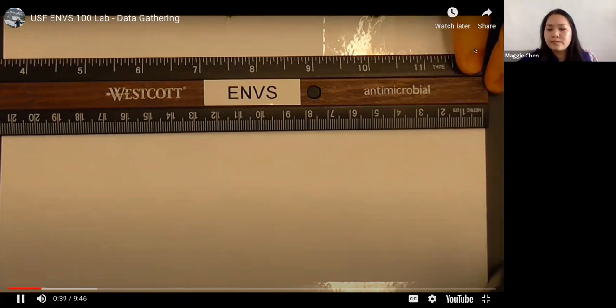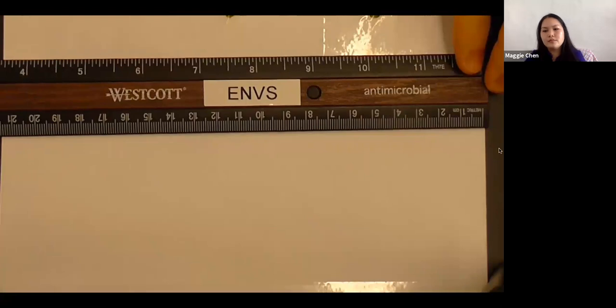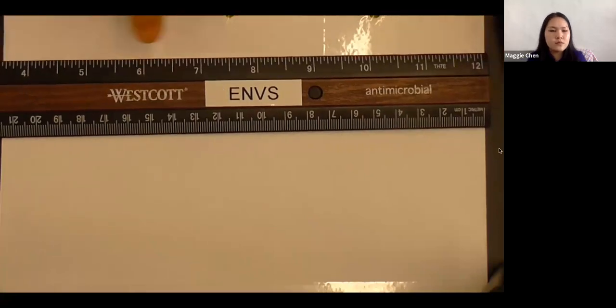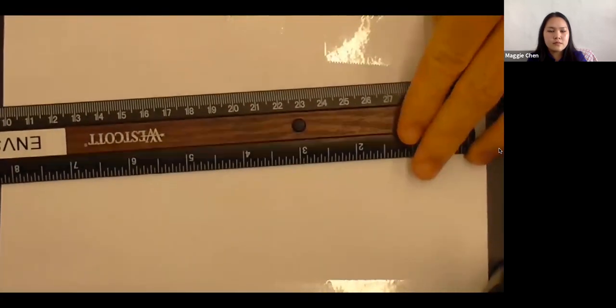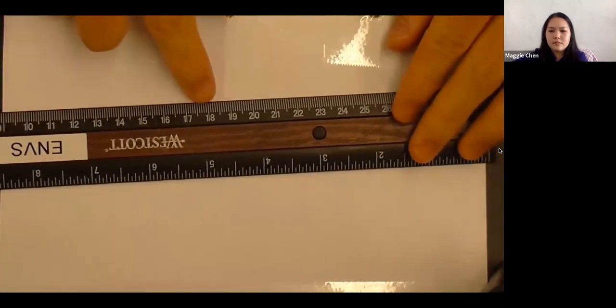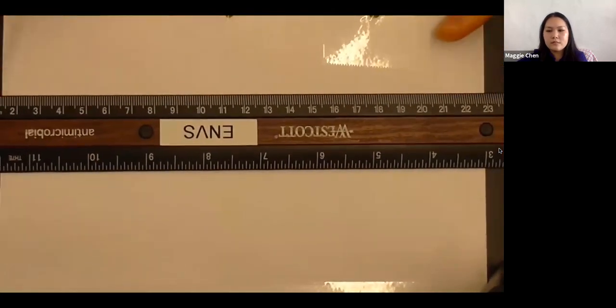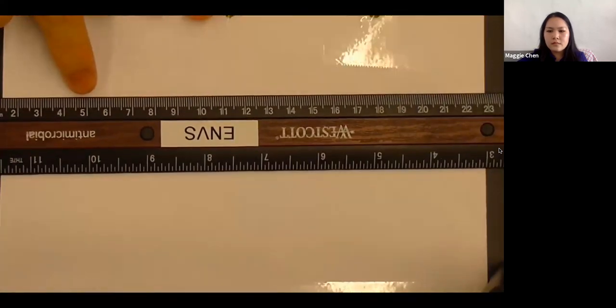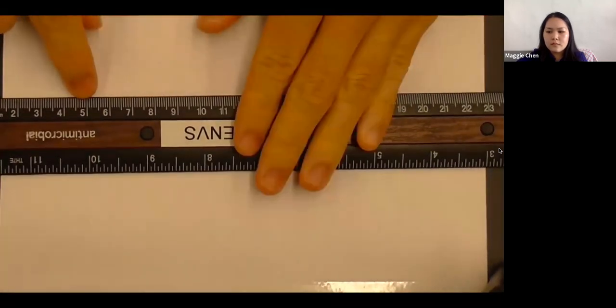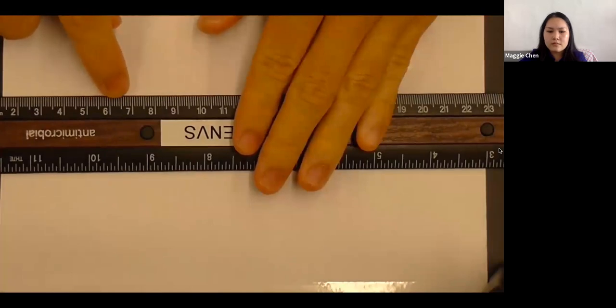Ruler. On one side, it measures English units in inches. And on the other side, it measures metric units in increments of centimeters. So each one of these numbered lines is your centimeter. We also see that our metric side has these smaller marks, and these are in increments of millimeters.